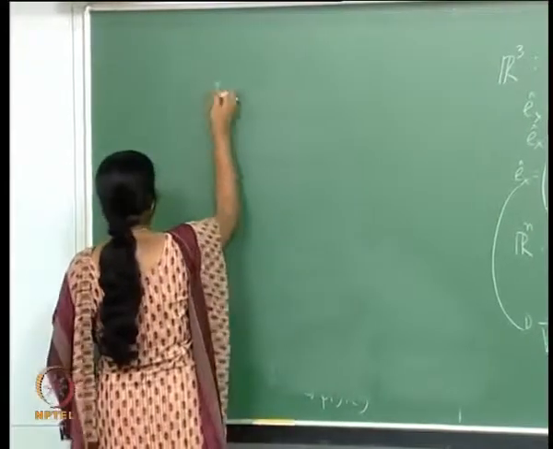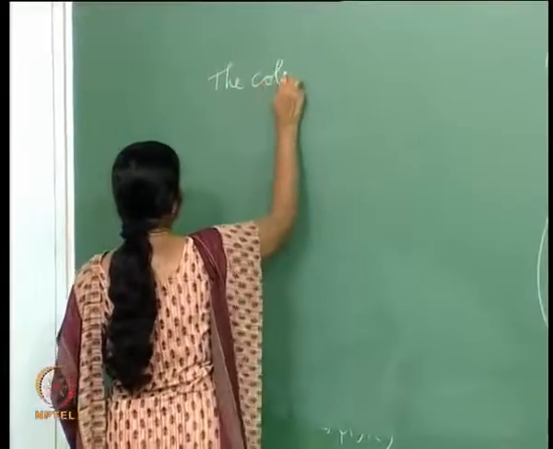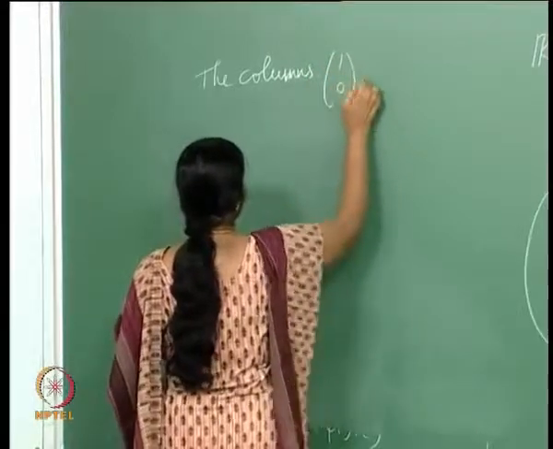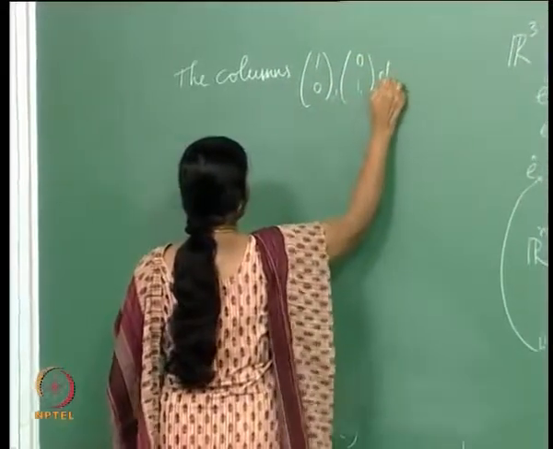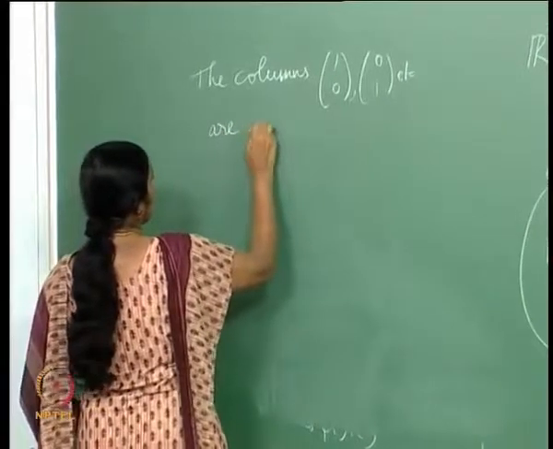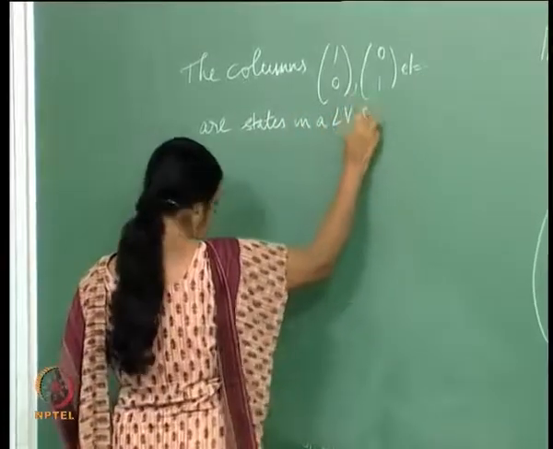So, in our example, for instance, the columns 1 0, 0 1 etc. are states in a linear vector space, are examples of states.